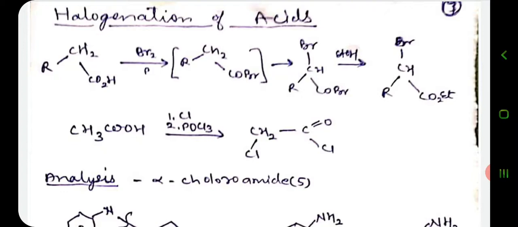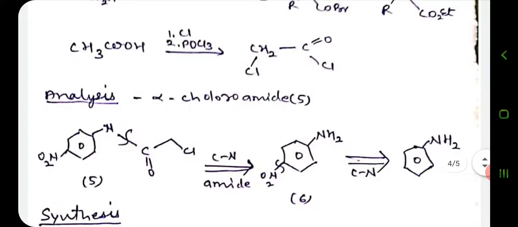In that reaction, we can clearly see how the compound is reacting. The alpha-chloro acids are also available commercially. Chloroacetyl chloride is made industrially from acetic acid. In the retrosynthetic analysis, the alpha-chloroamide proceeds as below, treating it as an amide.